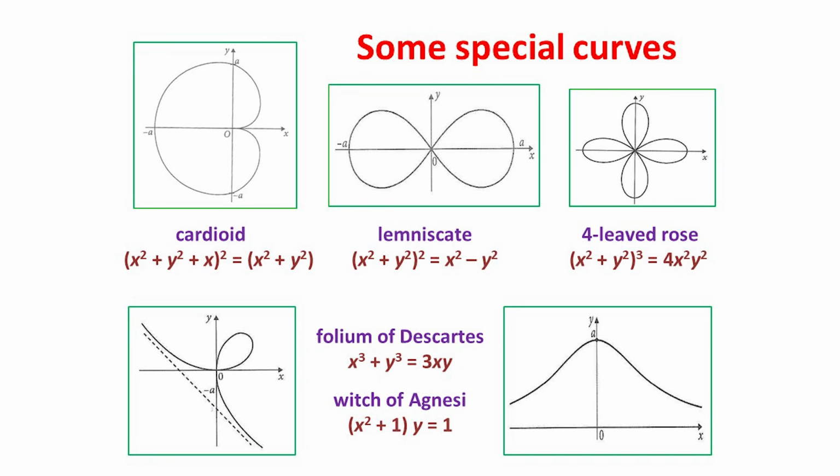The folium of Descartes, which he studied in the 1630s, and here the dotted line is an asymptote, and the so-called Witch of Agnesi, named after the Italian mathematician and textbook writer Maria Agnesi. She was not a witch, the word was a mistranslation of sailing sheet.